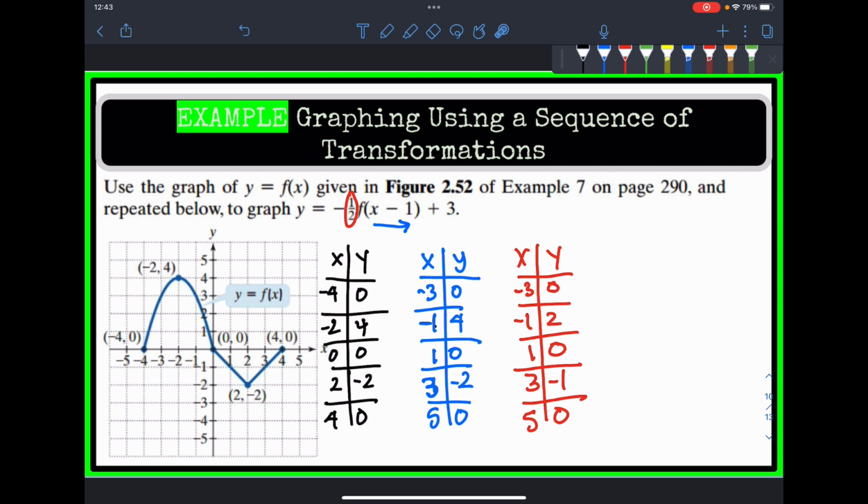Now we look for any reflections. Well, we also have a vertical reflection. The negative sign on the outside is a result of a vertical reflection. And a vertical reflection affects the vertical coordinates, which are the y coordinates as well. So they're going to be flipped upside down, making every positive into a negative and negative into a positive. It just switches.